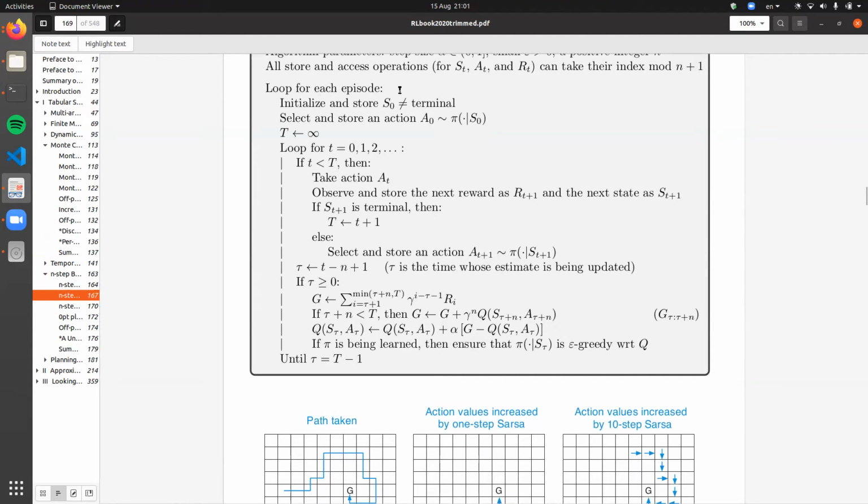We do multiple episodes with the following sequence. We initialize some state, and we can select it randomly, or we can have some stationary initial states or a set of possible initial states. It doesn't matter, it depends on the problem, but overall we just select some initial state, and we sample the first action according to our policy here.